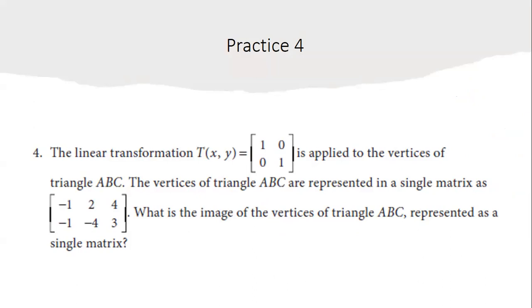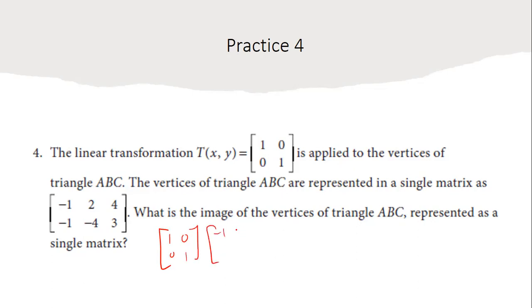This problem is written in a different format than normal, right? But based on what we read, what are we doing simply? We're multiplying. We have to remember it's our transformation times our coordinate points. Even if it's not given to you in a straightforward format, you need to be comfortable with seeing, okay, all I'm doing is multiplying.